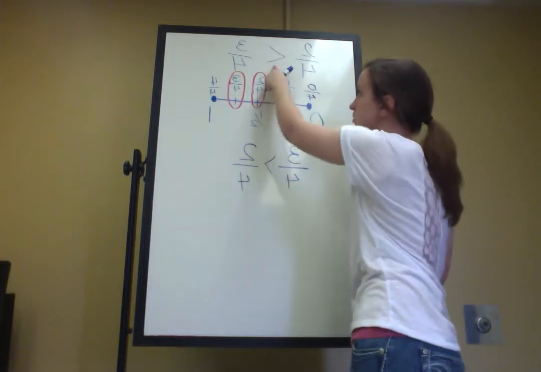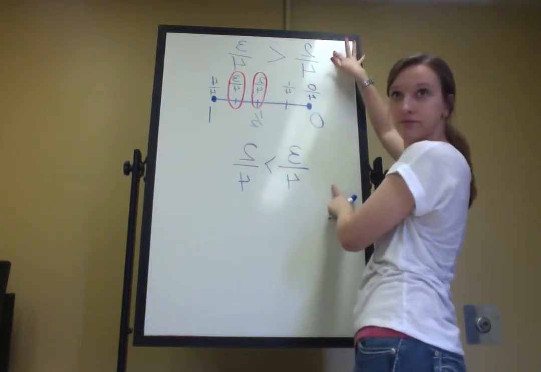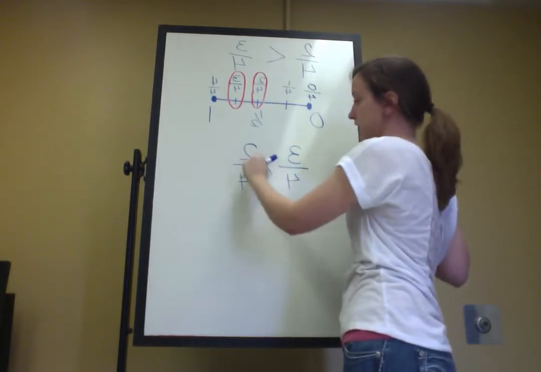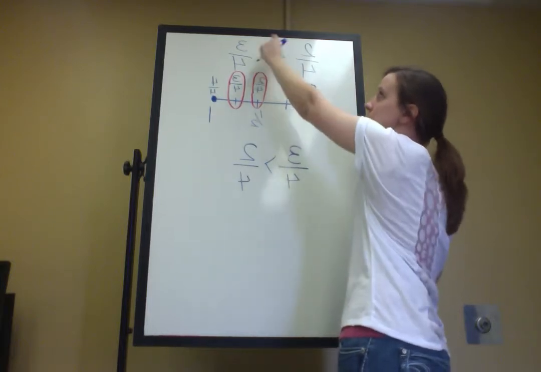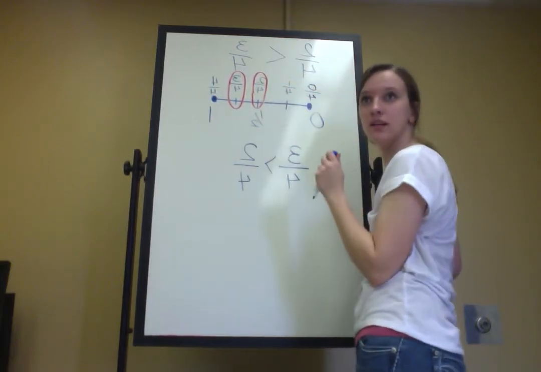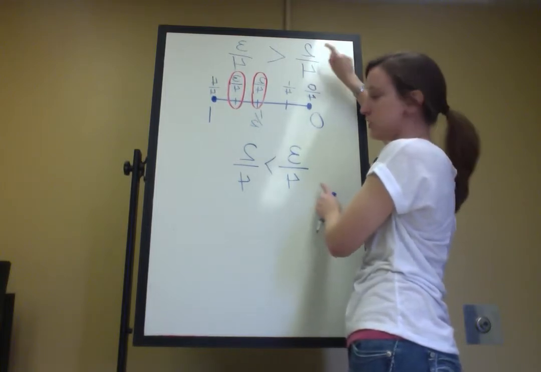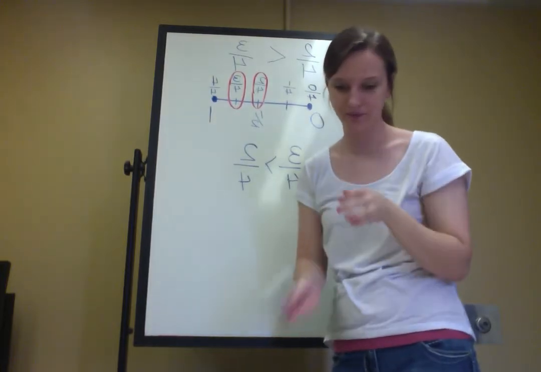So you're going to switch the sign. Are these the same thing? Yes, they're saying the same thing. They're saying that 2/4 is smaller than 3/4. Does everyone understand? So you can switch these. Just be sure the smaller end is toward the smaller number and the bigger end is toward the bigger number.